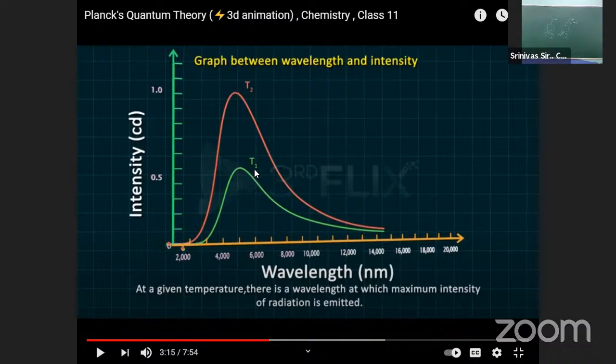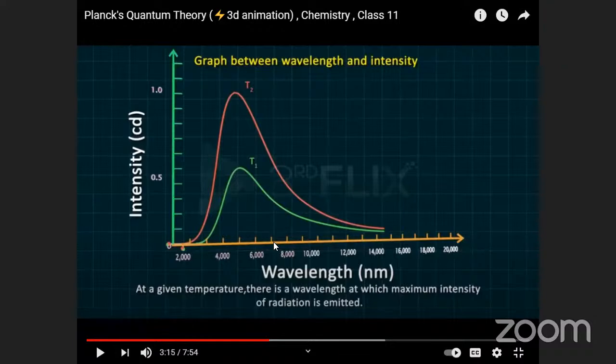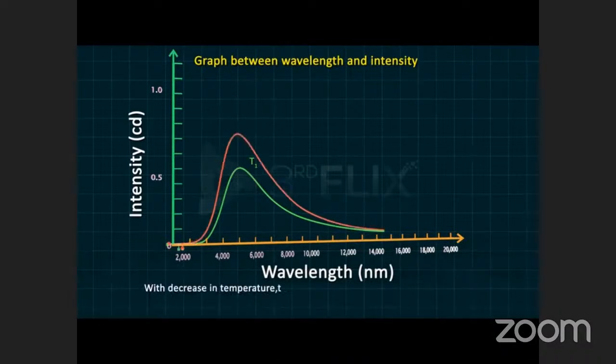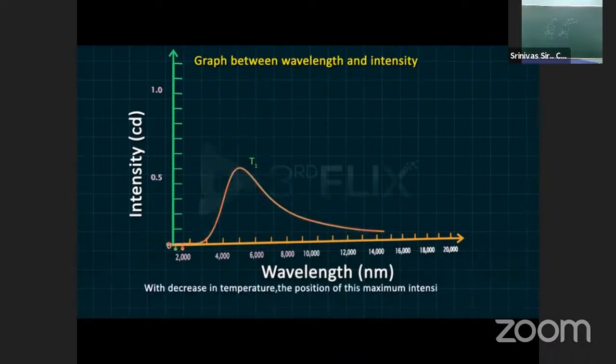Therefore, can you not generalize that when you increase the temperature from T1 to T2, lambda max is shifting towards 4,000 from 5,000, which was the previous case at T1, right? Understand? With decrease in temperature, the position of this maximum intensity shifts towards higher wavelengths.